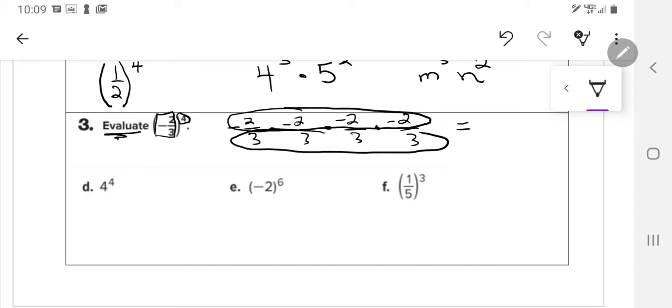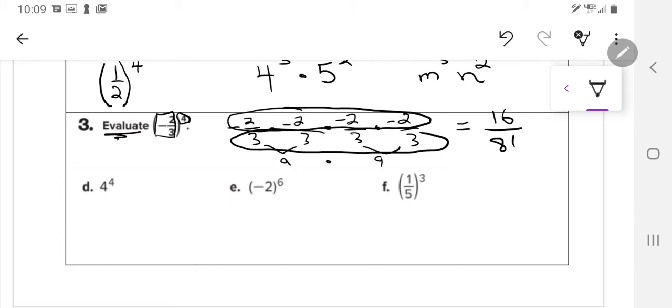So this would be 2 times 2 is 4, times 2 is 8, times 2 is 16. Now I'm going to do this a little bit differently. 3 times 3 is 9, 3 times 3 is 9, and then multiply those up and get 81. Now, can anybody tell me, is this going to be positive or negative?